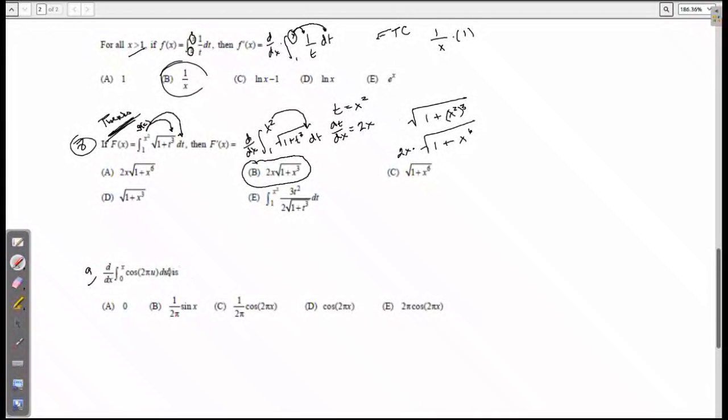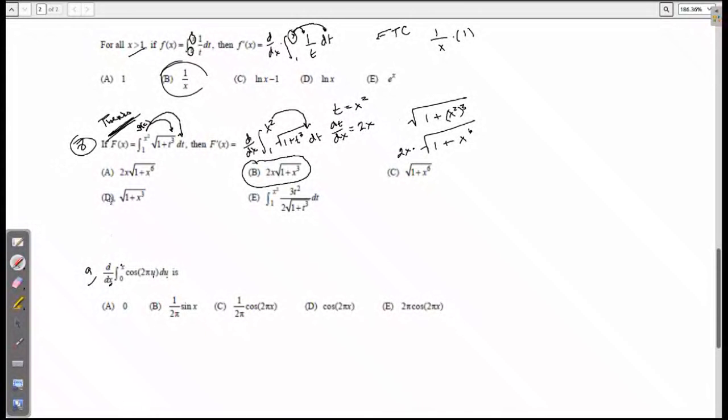This could be a t, it could be a u, it could be a z, a q, an m, an r. It really doesn't matter what letters we're choosing, but it's the idea that I'm taking the derivative, and this needs to match this, and this needs to match this.